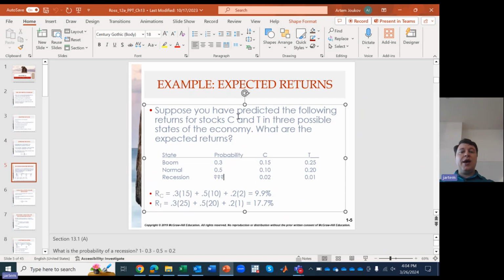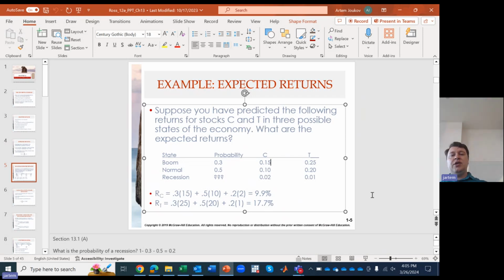Okay, now you have the predicted returns of the stocks. So you have the stock C and the stock T. You can add your own ticker symbols here if you want to. Stock C can be Apple and stock T can be Tesla, just whatever it is. And you can see that intuitively, although this isn't always true, they return more in a boom cycle than they do in a recession.